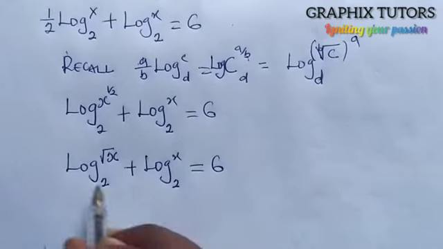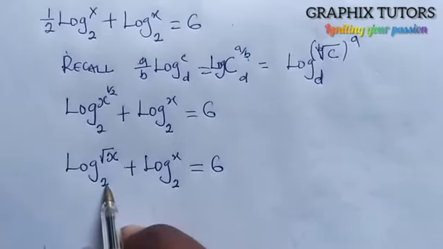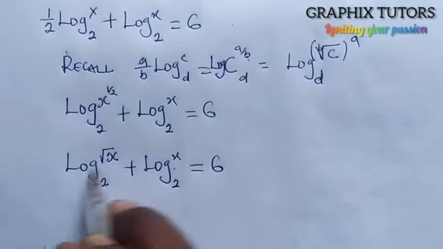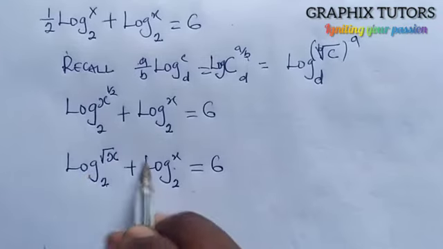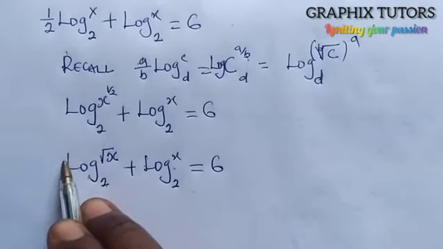Now, since the bases are equal, we've already achieved our aim. The bases are now equal and we have the same log. What's in front of the log here is 1, and what's in front of the log here is also 1.